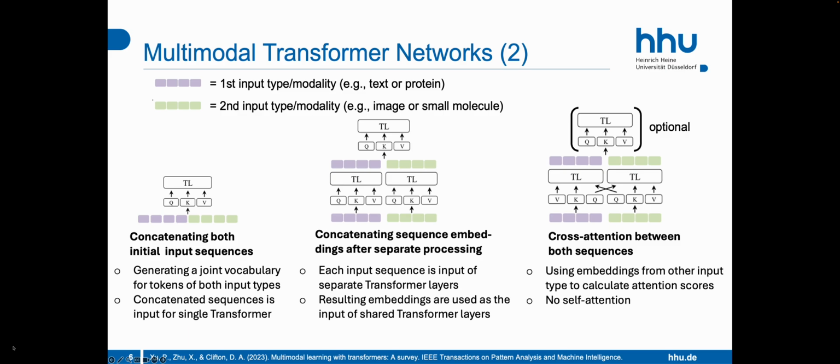But in cross-attention, we are also using the embeddings from the other input sequence to calculate the attention scores. This, however, has the disadvantage that we are not using any self-attention. And we can, of course, also have completely shared layers on top of those cross-attention layers.